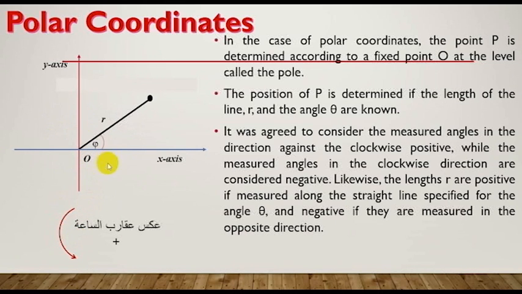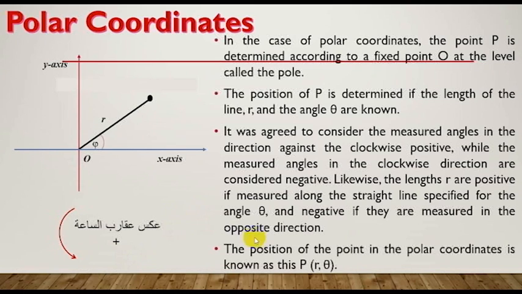So if I took the opposite direction, it will be negative. Also, when we get P, it will be a function of, like we talked about before, x and y as a position in Cartesian coordinate. So it will be R and theta in polar coordinate.